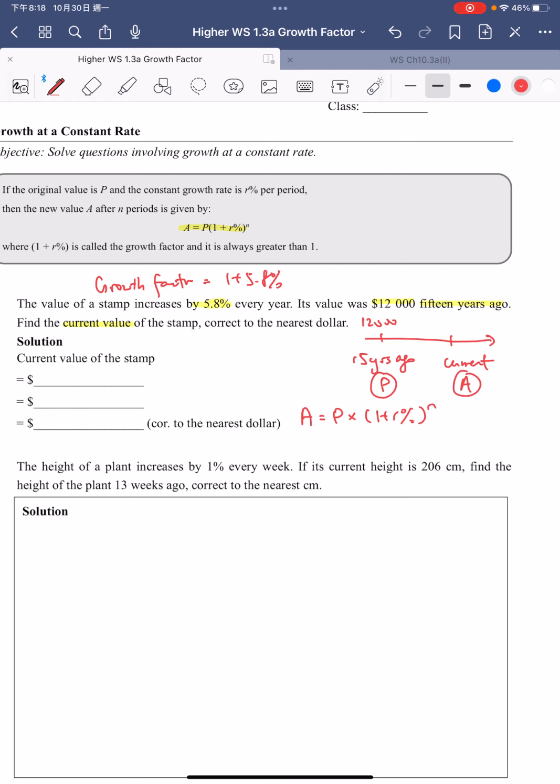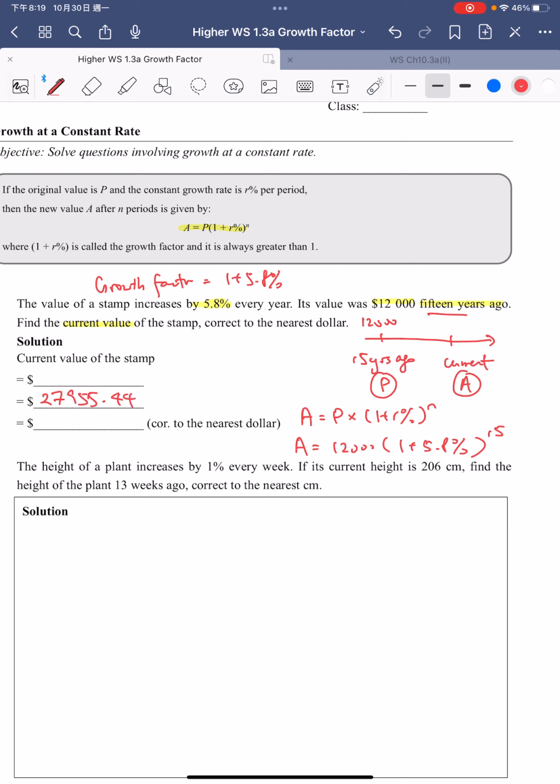The current value, which we want to calculate, is going to be equal to the value of 15 years ago, which is 12,000, times 1 plus 5.8%, to the power of how many years? 15 years. So if we use our calculator, 12,000 times (1 plus 5.8%) to the power of 15.